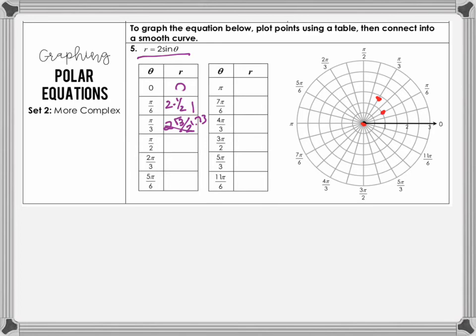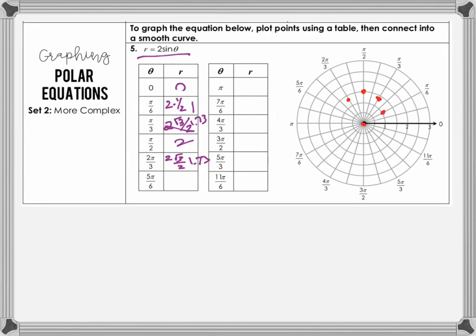So that would just be 2. So I have a point at pi over 2 at 2. And then I come down at 2 pi over 3. It is the same thing, 2 times the square root of 3 over 2, which is 1.73. So you can see this is going to be symmetric.